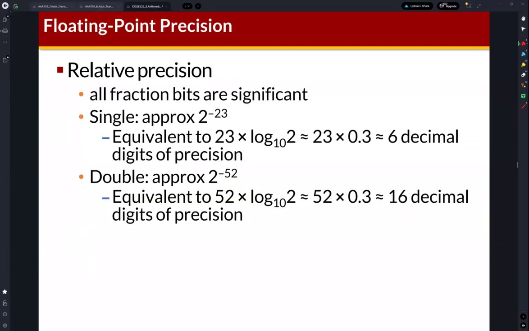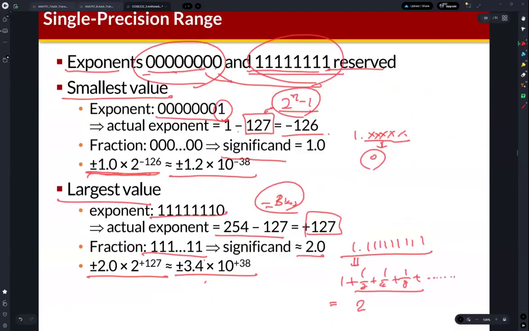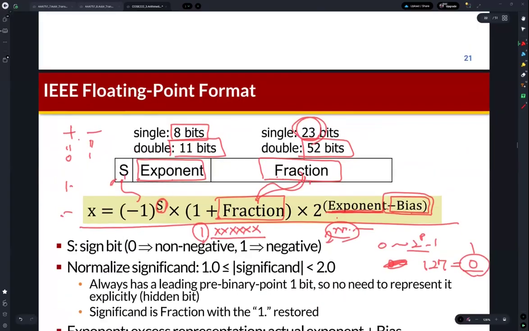So for floating point numbers, we use binary numbers for representing them. What does that mean? Actually, the precision of a floating point number is determined by this fraction part, right? This part.